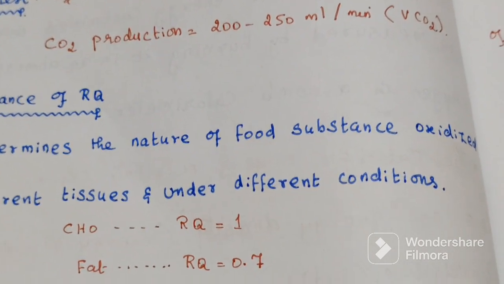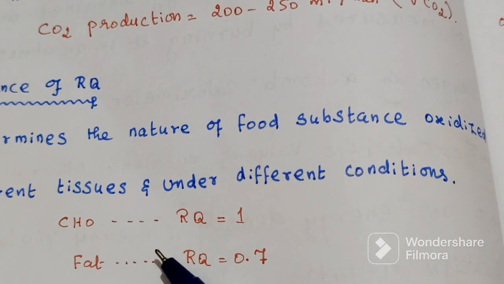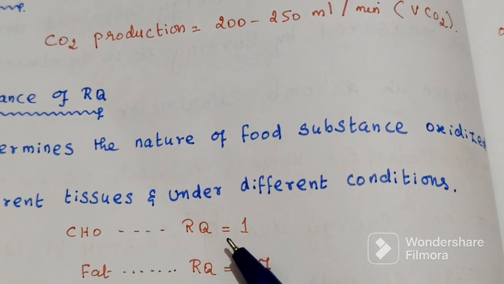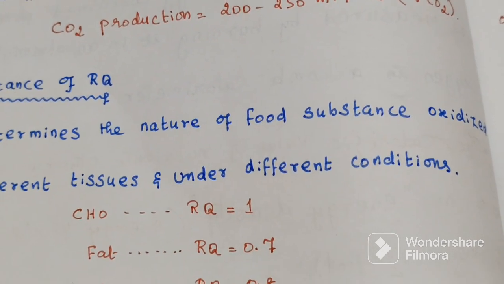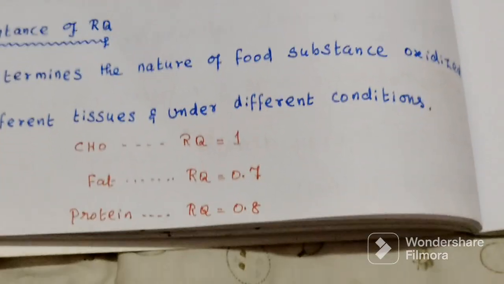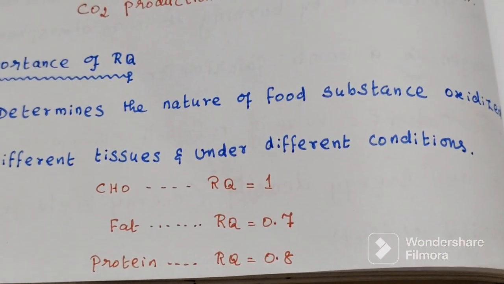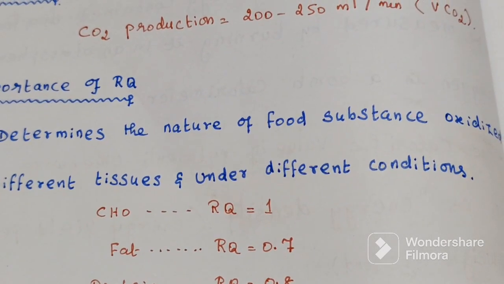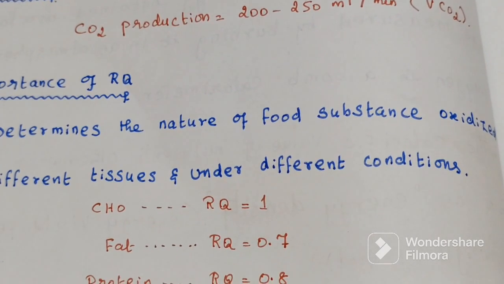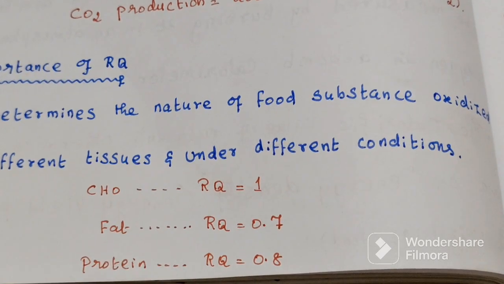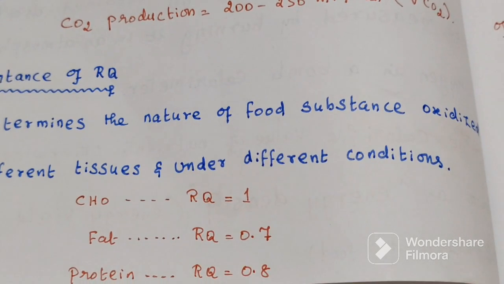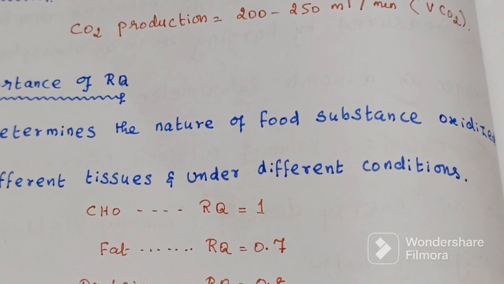Carbohydrate gives a respiratory quotient of 1, while fat gives 0.7, so less carbon dioxide production relative to oxygen consumption, while protein has a respiratory quotient of about 0.8.